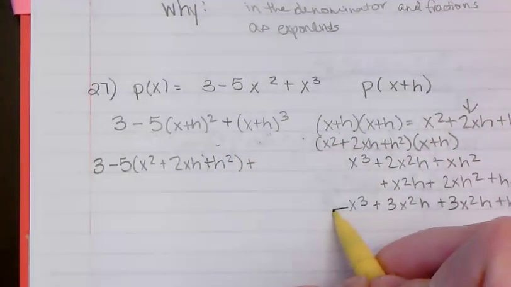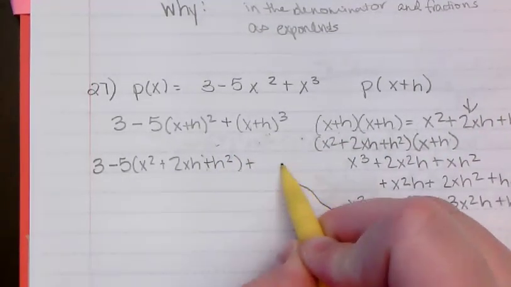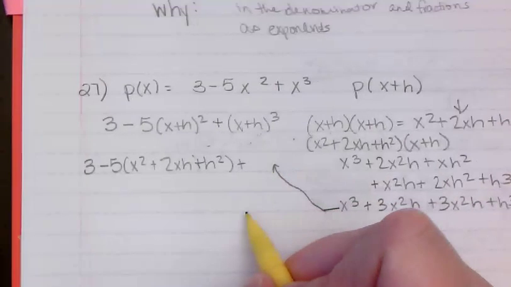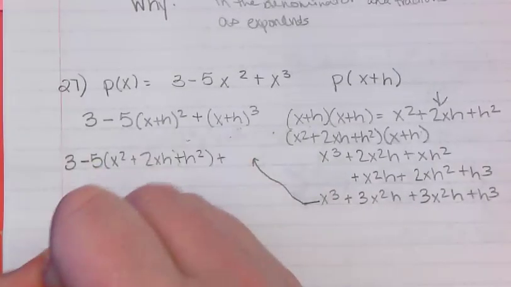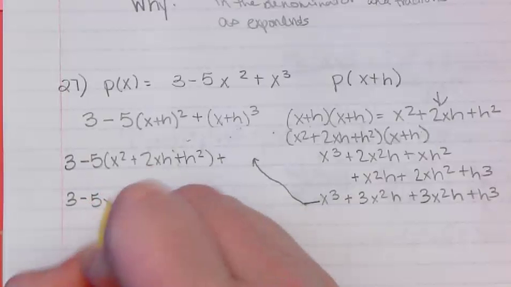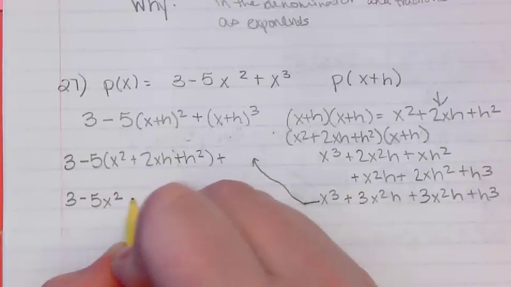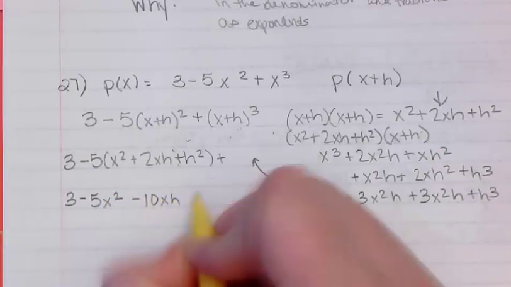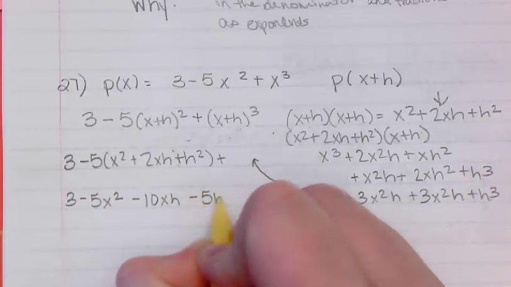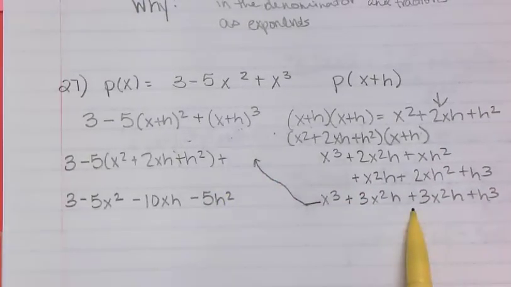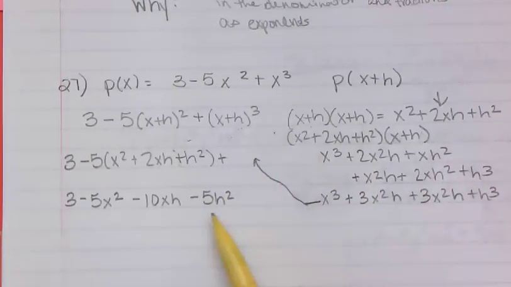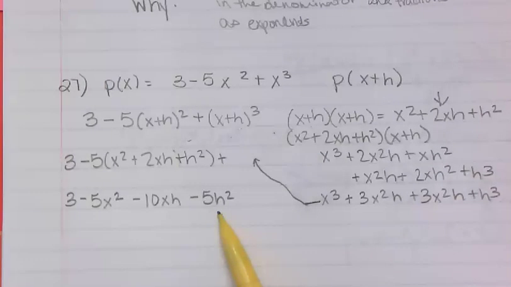And then, like I said, this value that I found for the multiplication is going to go here. So let me move this back over. So negative 5 through 3 minus 5x squared minus 10xh minus 5h squared. And looking at this here, none of that's going to combine with any of this, which is nuts.